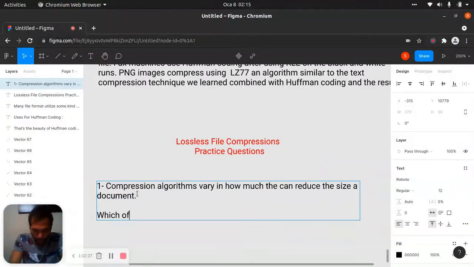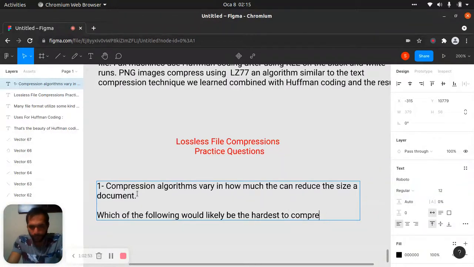Which of the following would likely be the hardest to compress? Let's come down.